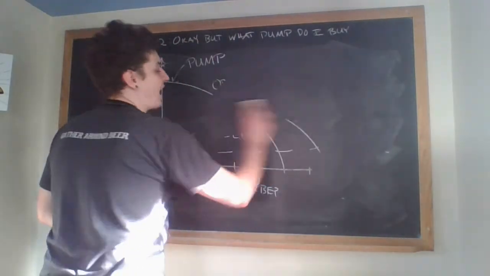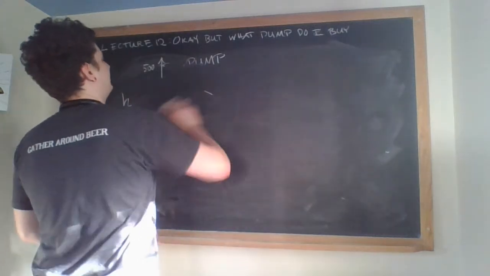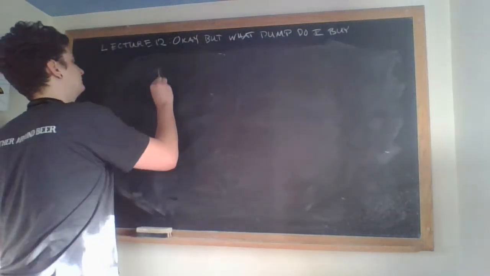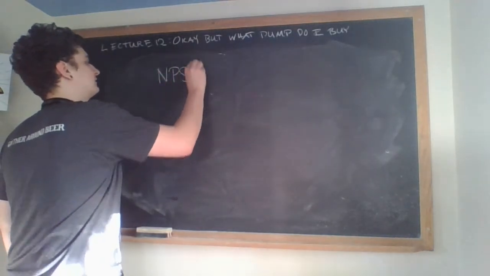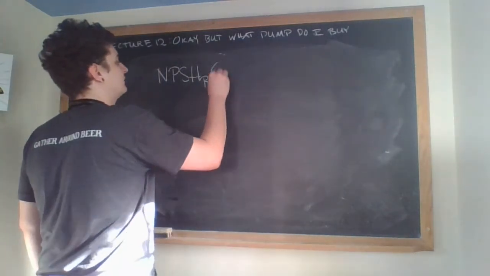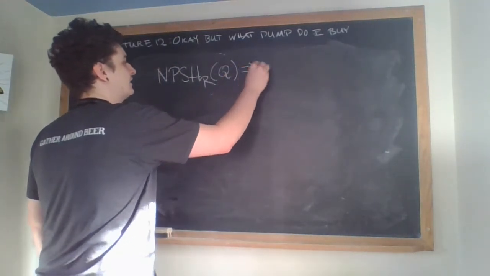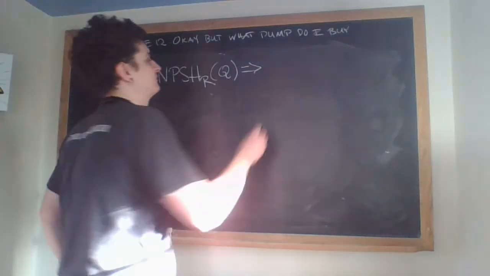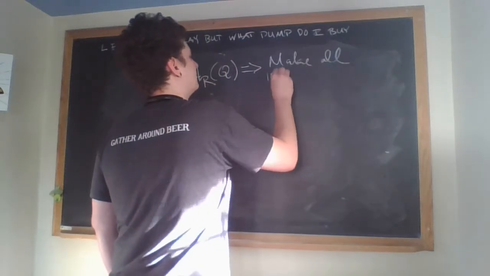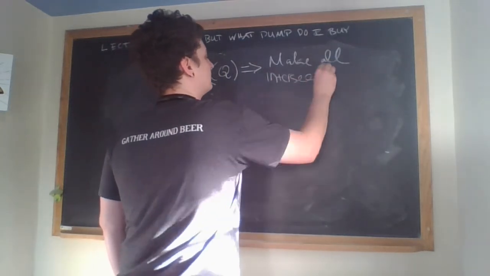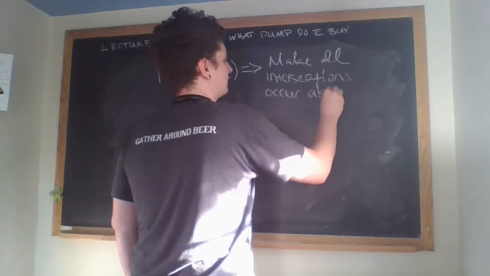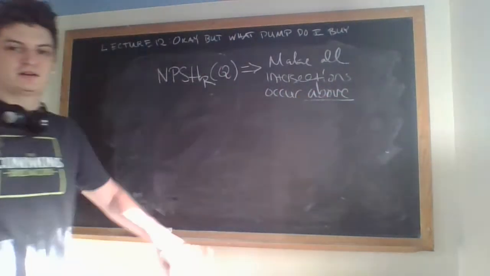Okay, so that's a graph. Now we can just explain in words and write out the graphs we're going to have, right? There is this curve right here, a function of Q. The purpose of this curve is we want to make all intersections occur above.